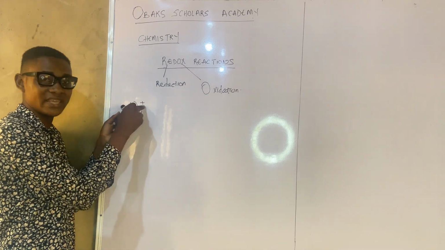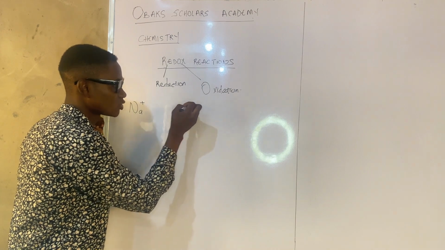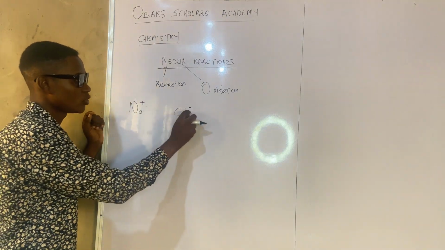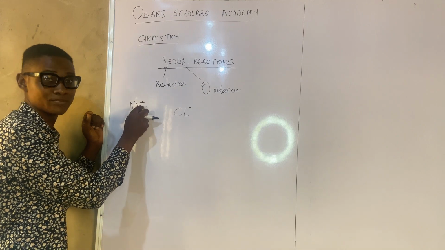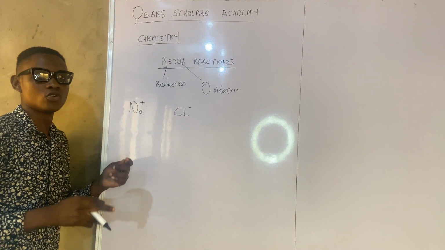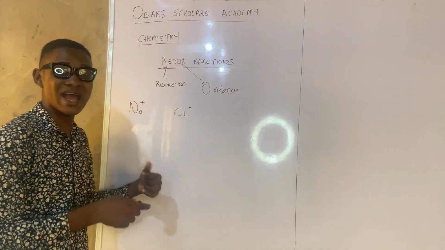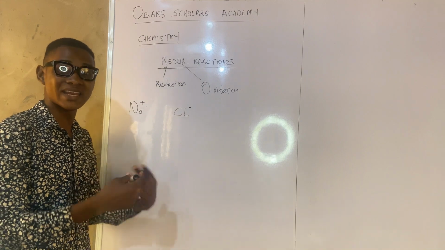This plus means a positive charge. If it was negative, like Cl minus, this is the chloride ion, and the oxidation number here is -1. So oxidation number is like a formal charge assigned to an element or an ion.